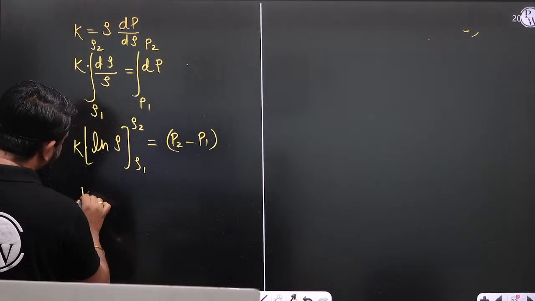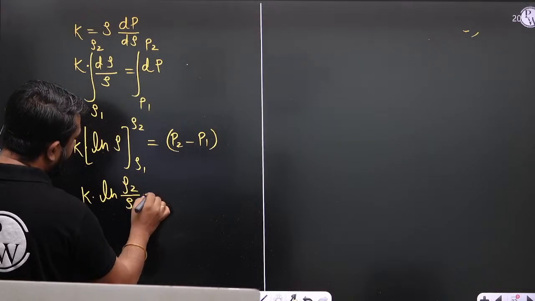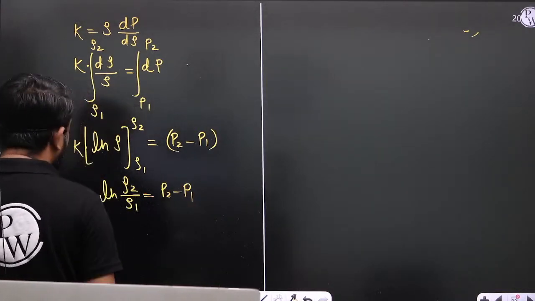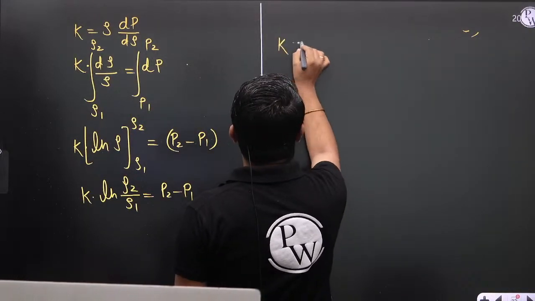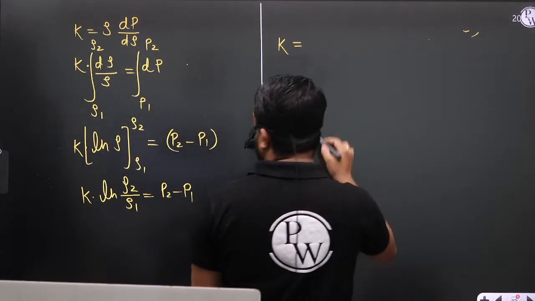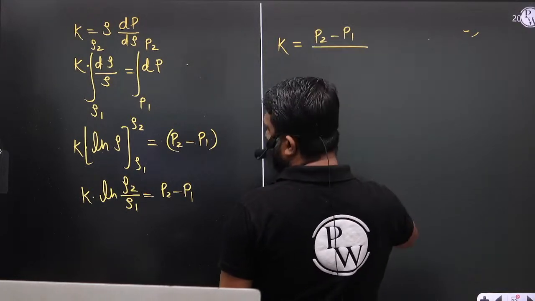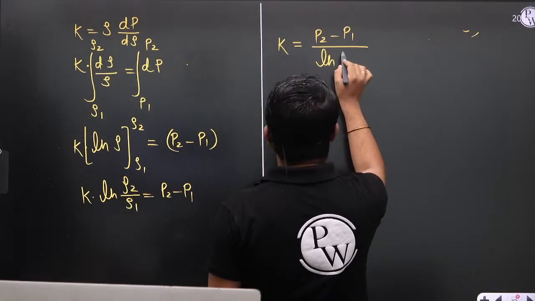So ultimately this is K multiplied by ln rho 2 by rho 1, and this is equal to P2 minus P1. So K is equal to P2 minus P1 upon ln rho 2 by rho 1.